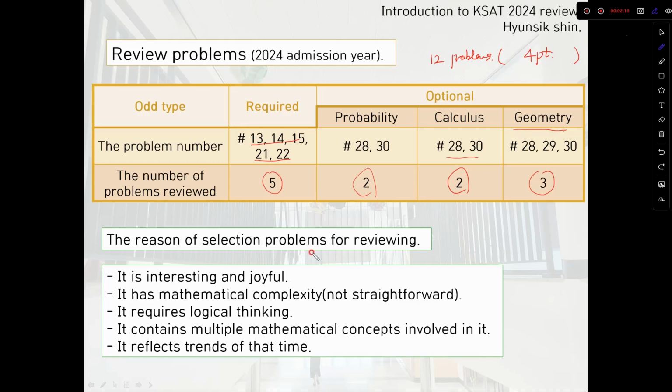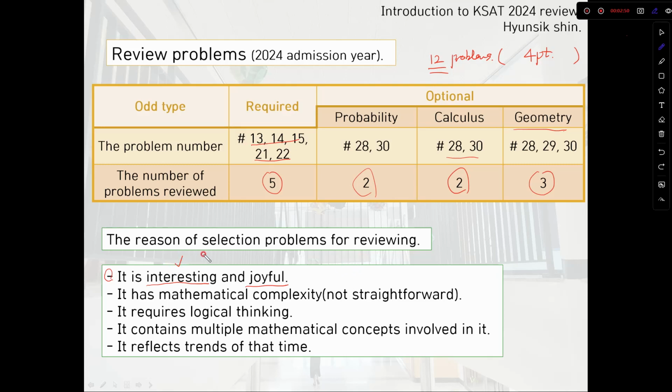The criteria for my selection of those 12 problems are the following. The first and main one, where I put the main weight, is how interesting and how joyful it is to solve the problem.